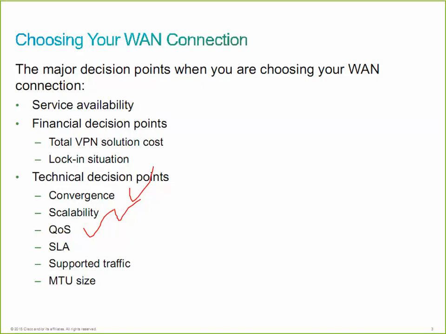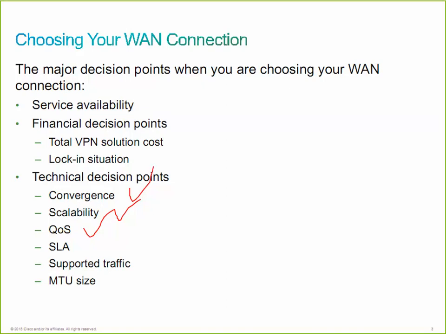Service providers often offer some sort of QoS service for the traffic that they're transporting across the backbone. And again, that's why MPLS is such a popular WAN protocol, because it allows us to incorporate quality of service as a transport mechanism across the backbone.